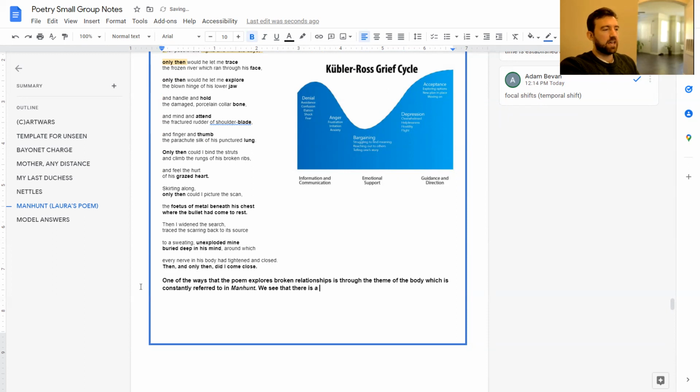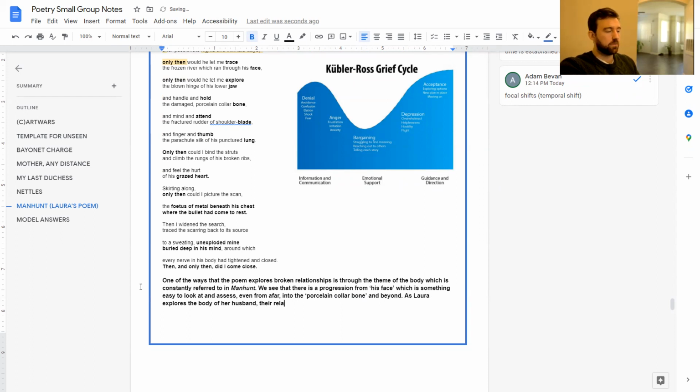You see that there is a progression from his face, which is something easy to look at and assess even from afar, into the porcelain collarbone and beyond. As Laura explores the body of her husband, they become more and more broken.